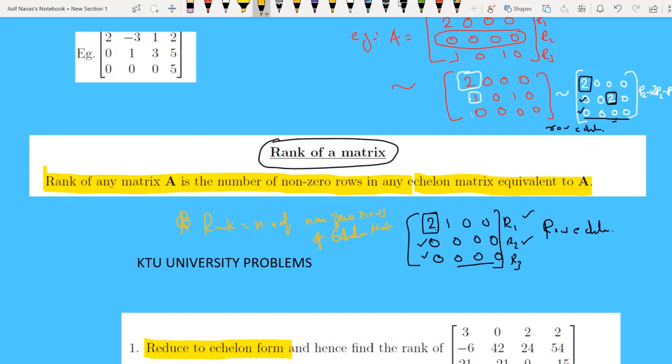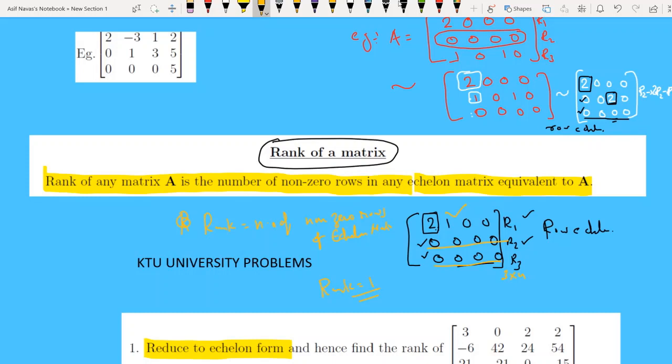Non-zero row means at least one element must be non-zero. So this is non-zero row 1 and this is a 0 row and this is a 0 row. So what is rank? Number of non-zero rows, that means only 1. So in this 3 by 4 matrix rank is 1.